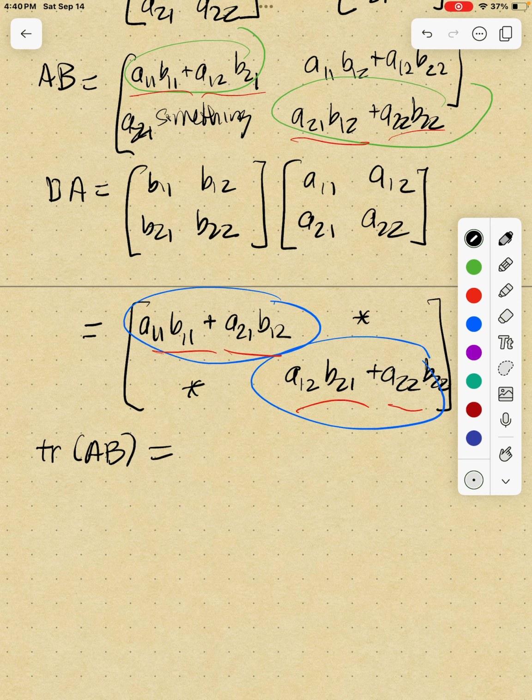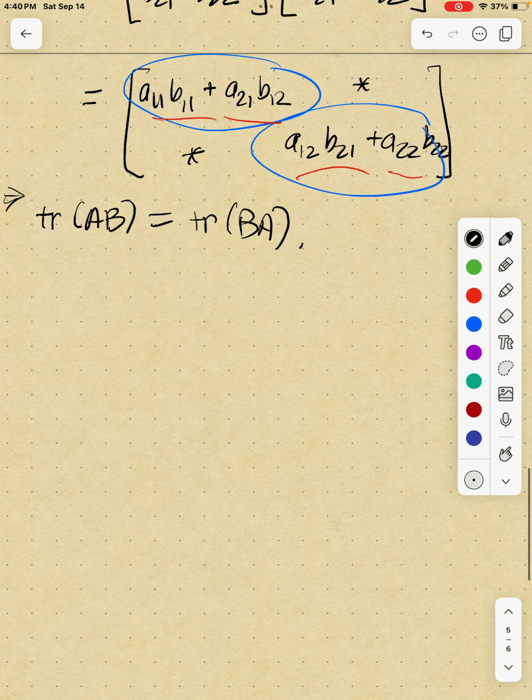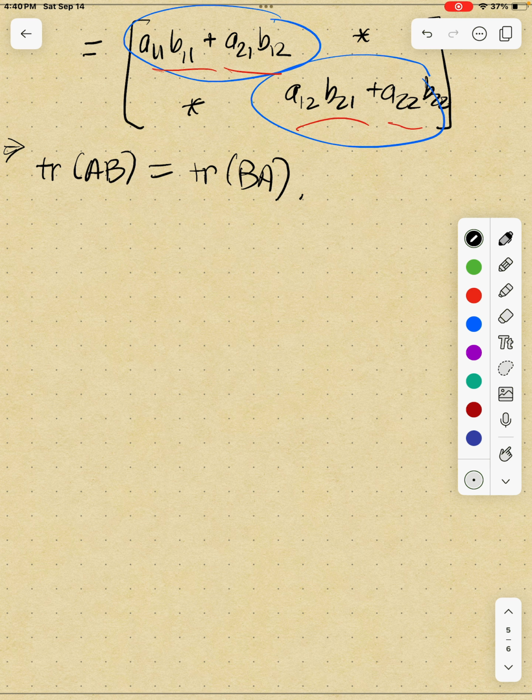So therefore, we can see that the trace of A times B is in fact equal to the trace of B times A. And again, the same proof holds for general n. It's just that there are going to be a lot more terms being added together. And it's a good idea to read a proof to see how it's done. Okay, so let's just take it for granted that the trace of AB equals the trace of BA.